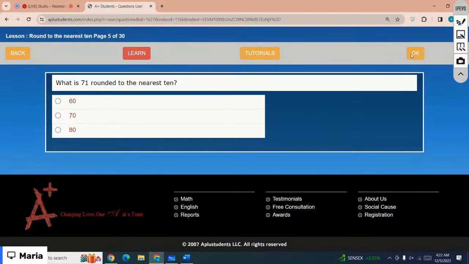Yes, the correct option is, very good. That is 70. 71 is rounded off to 70.